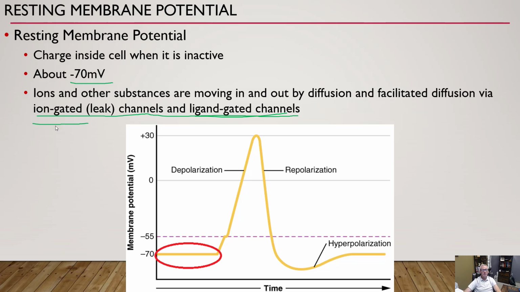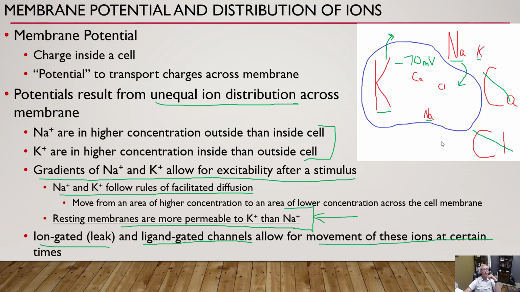Now, sodium and potassium is going to be ion-gated channels, or we also call them leak channels. But if we have like a bigger molecule, glucose or bicarb, we might have to use these ligand-gated channels. Remember, I said that there were more molecules up here that I didn't draw.